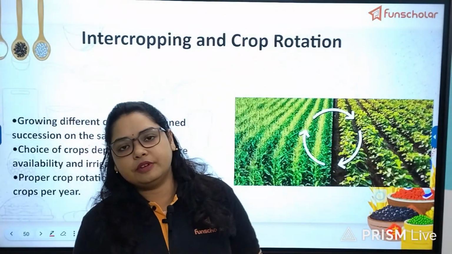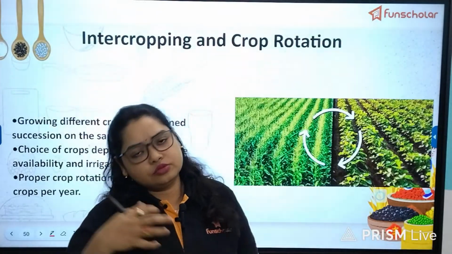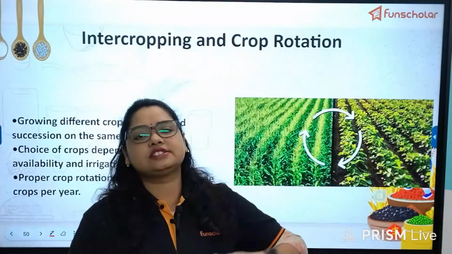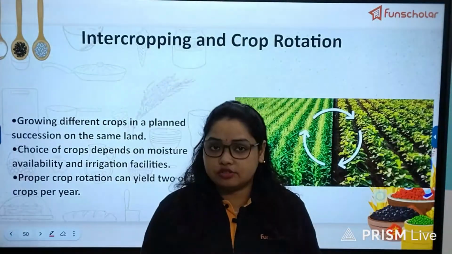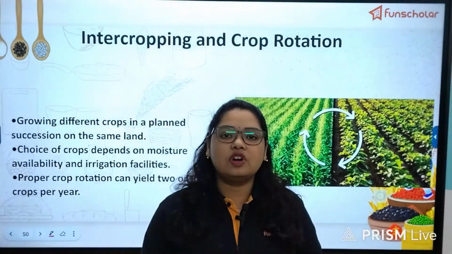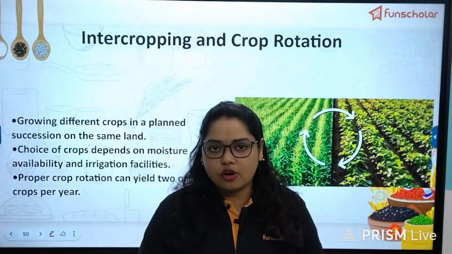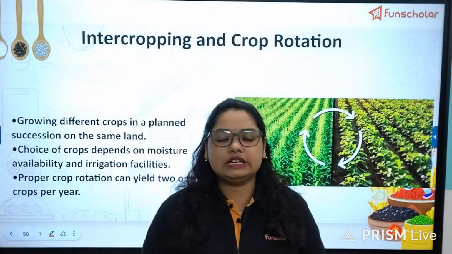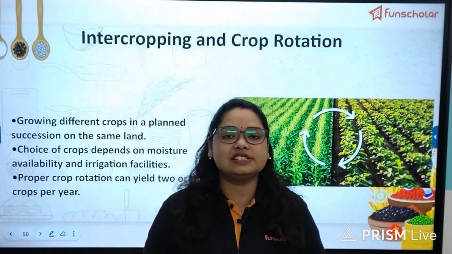If the previous crop has drawn so much nitrogen, then the next one should be a leguminous plant. Yes, we can definitely supply nitrogen, but as I said, we should aim for less utilization of chemical fertilizers because of their many detrimental impacts on the environment as well as on living organisms.